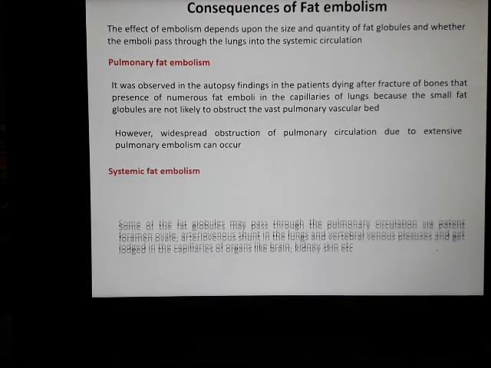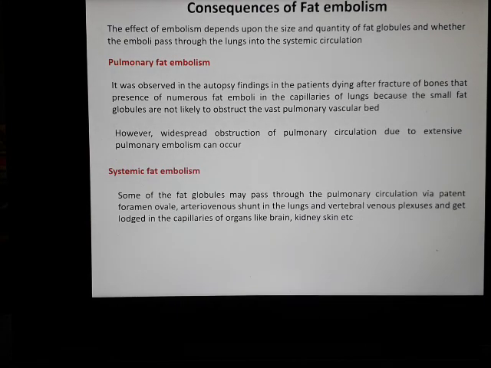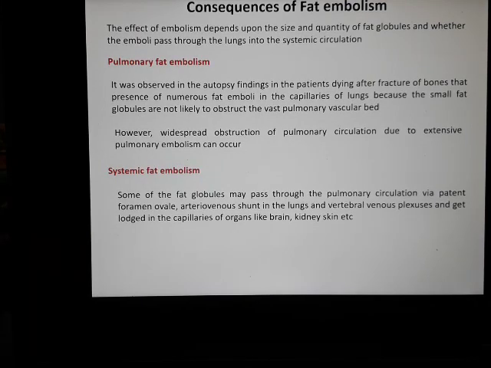Now coming to systemic fat embolism, some of the fat globules may pass through the pulmonary circulation if there is a connection between the right heart and left heart through a patent foramen ovale, or an arteriovenous shunt in the lungs, or vertebral venous plexuses, and get lodged in the capillaries of organs like the brain, kidney and skin. So these are the consequences of fat embolism.